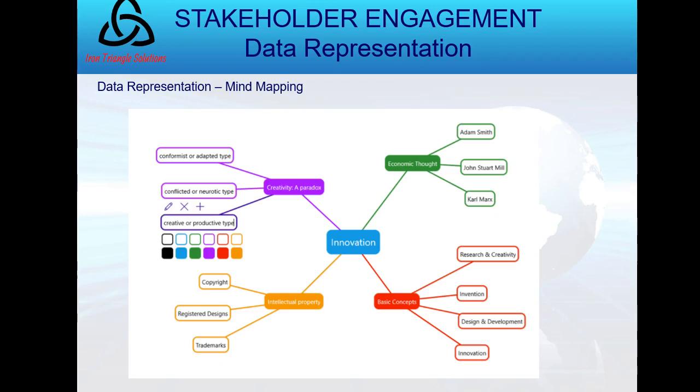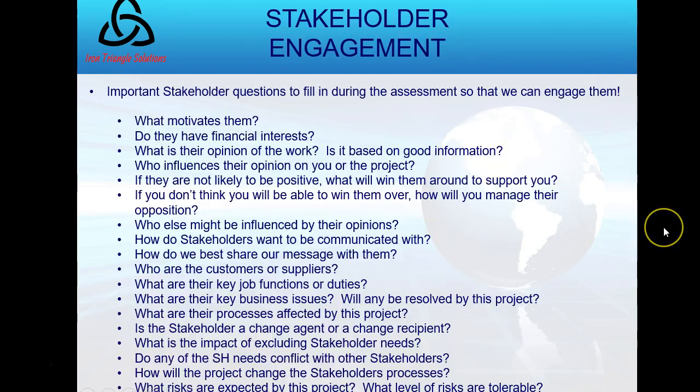So in economic thought, I'm going to think of Adam Smith, John Stuart Mill, Karl Marx. These are people that were thinkers in economics, like them or not, and so on. And you can keep growing from there, and it's a map of tying like items back to your central idea, in this case, which is innovation.